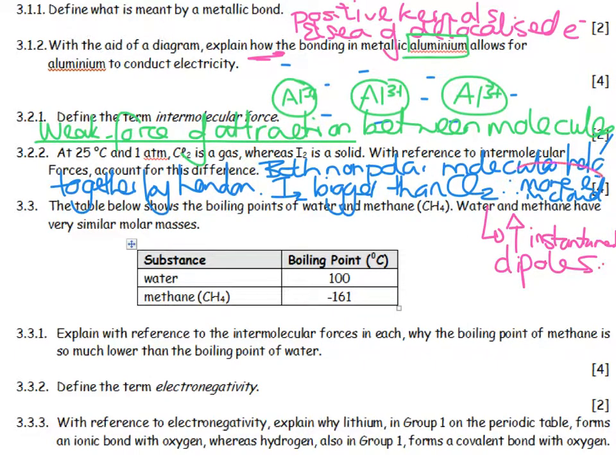So the lots of electrons creates greater electron cloud wobble, which means that you get a greater polarity in iodine than in chlorine, therefore stronger IMF, which then means therefore higher boiling point, which in essence means it's a solid, and the other one's a gas.